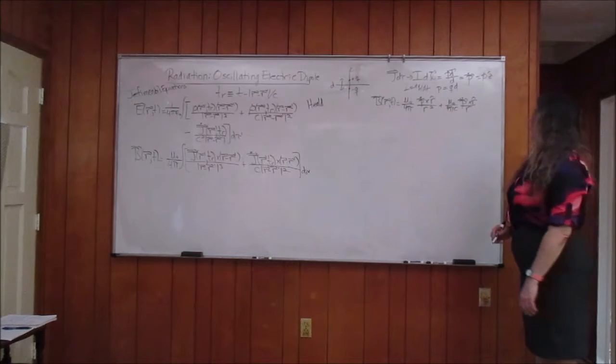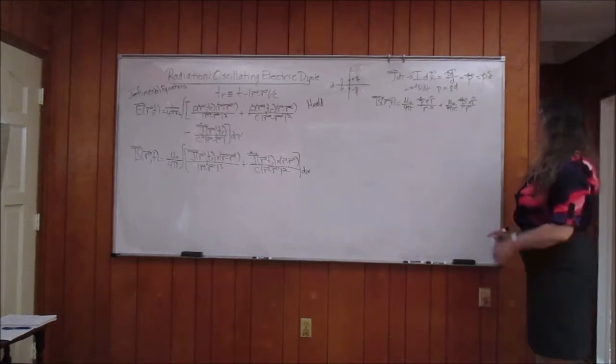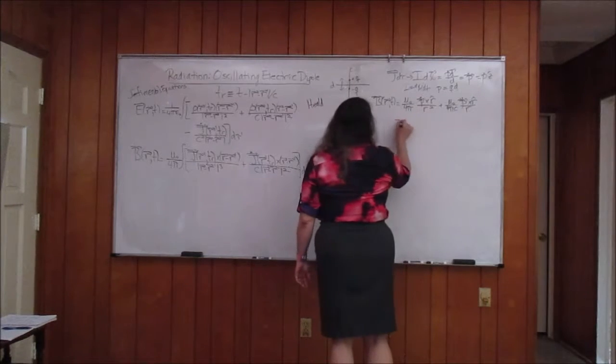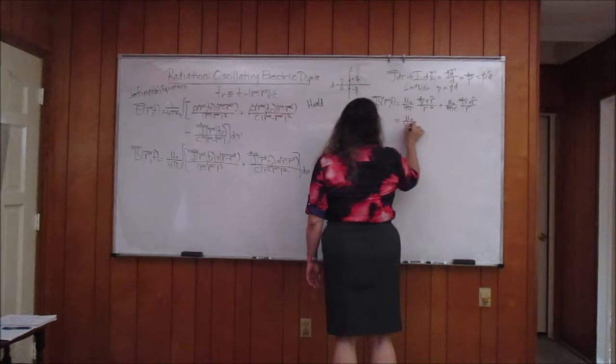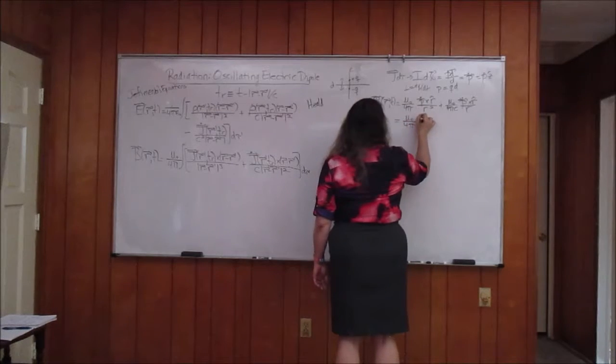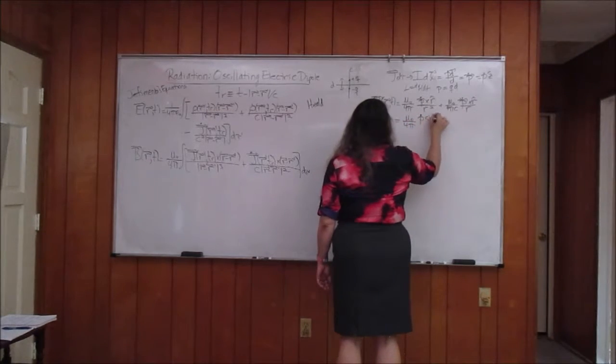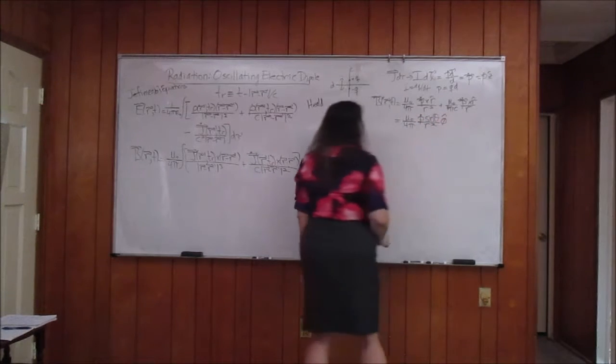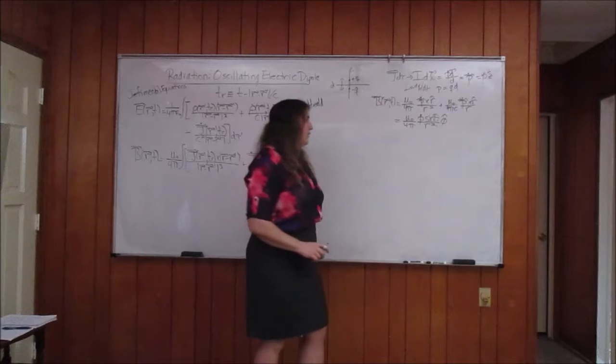Now, the dipole moment is in the z direction, so I take the cross product of z and r. That is going to leave me with sine theta, and then I'll be in the phi direction.